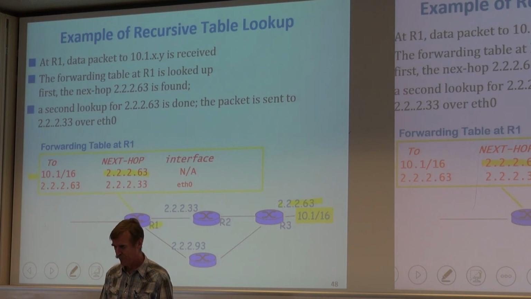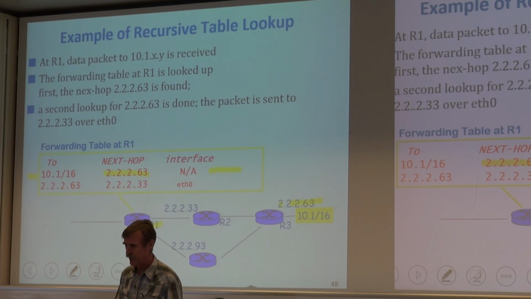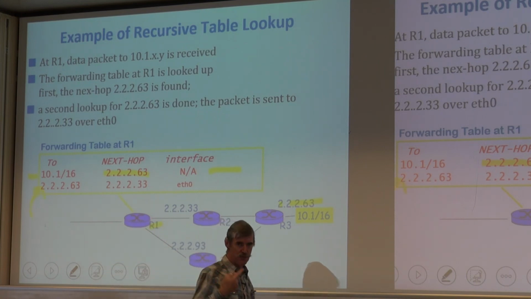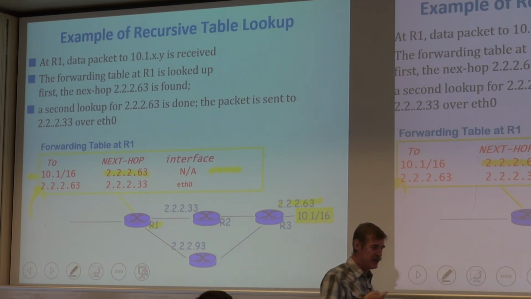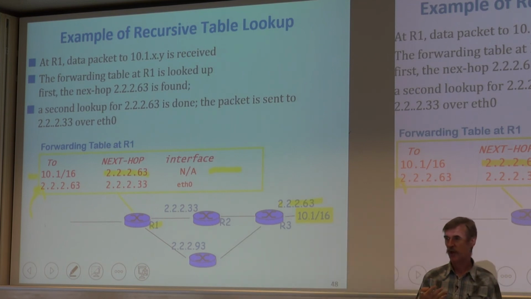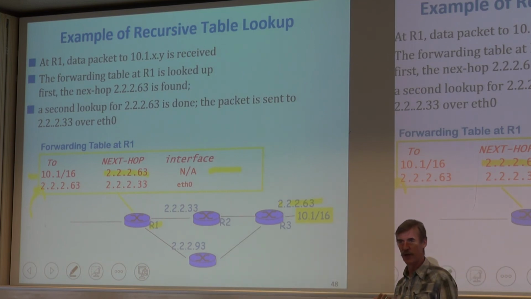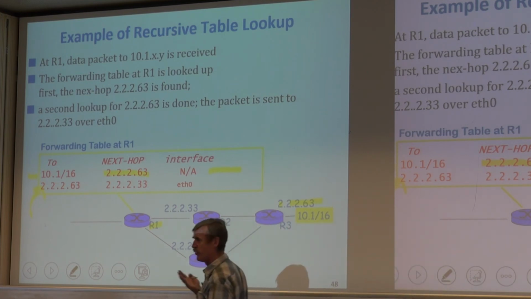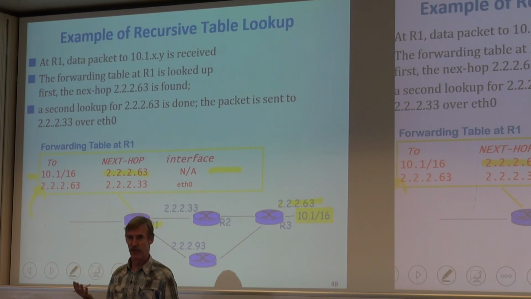Then what will happen when a packet to that destination, 10.1, comes at this router? First, we go to the routing table. We find 2.2.63. Then we go again to the routing table. Now, because the next hop is always a prefix that is inside the domain, normally, if your interior routing protocol works well, all the destinations that are inside the domain are reachable, so we know there must be an entry in the routing table that matches.